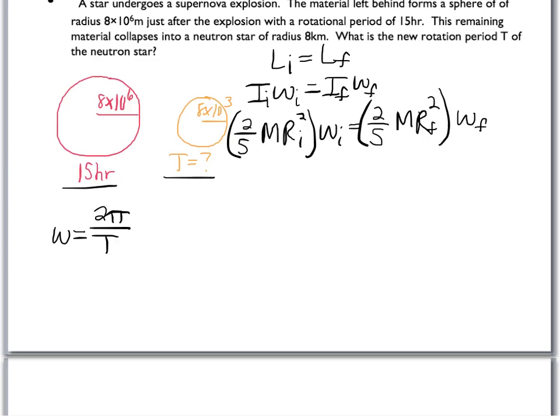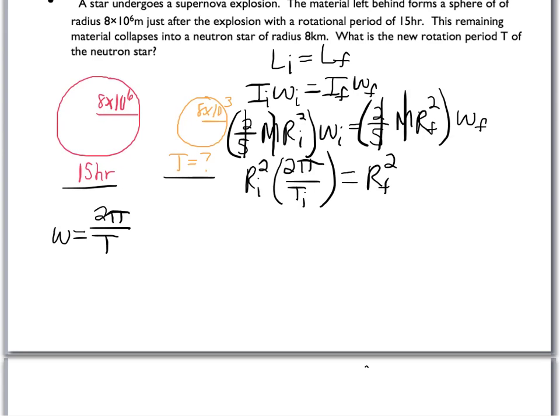We can now come back into our equation here with some simplifications, knowing that the 2/5 will cancel out on either side, the m's will cancel out on either side, and we now have our initial radius squared multiplied by 2 pi over the initial rotational period, and this can be set equal to our final radius squared multiplied by the 2 pi over the new final period.